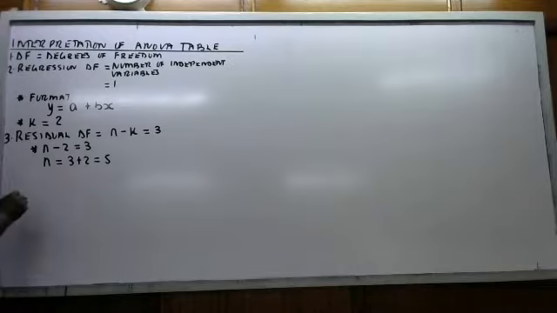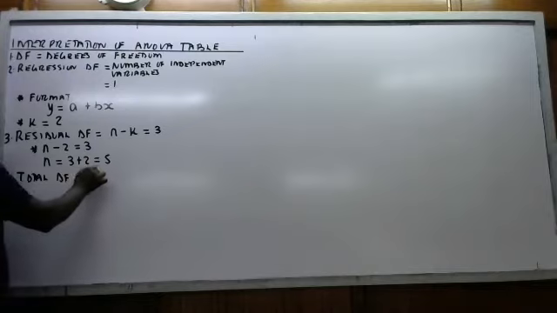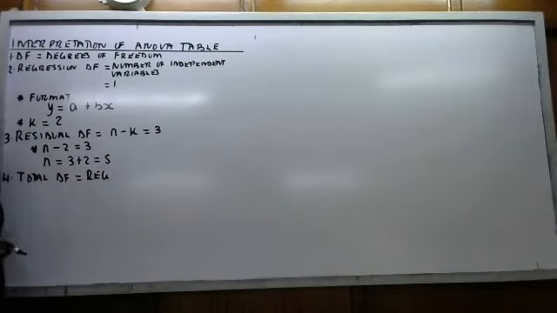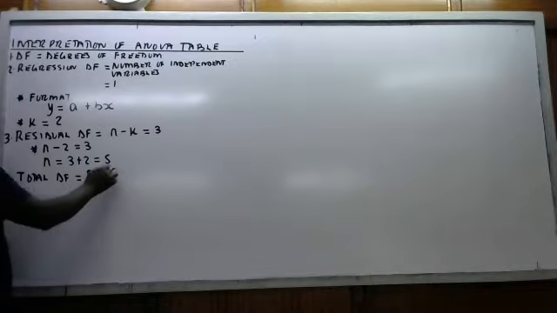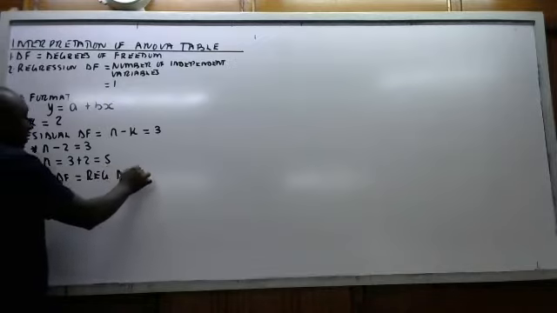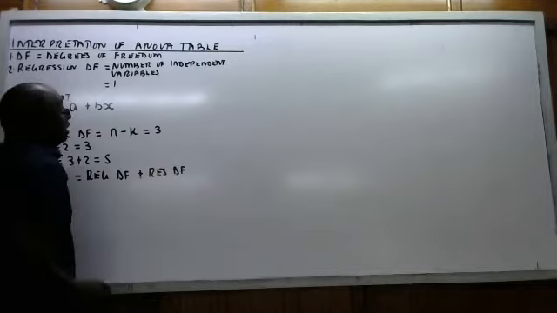The next thing is called total DF. Now total DF is given as regression DF, the short form of the word regression is RG, I hope you remember this in the calc, RG DF plus residual DF.